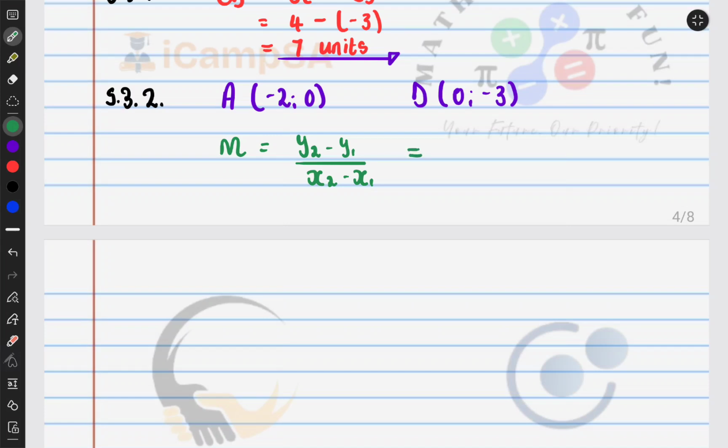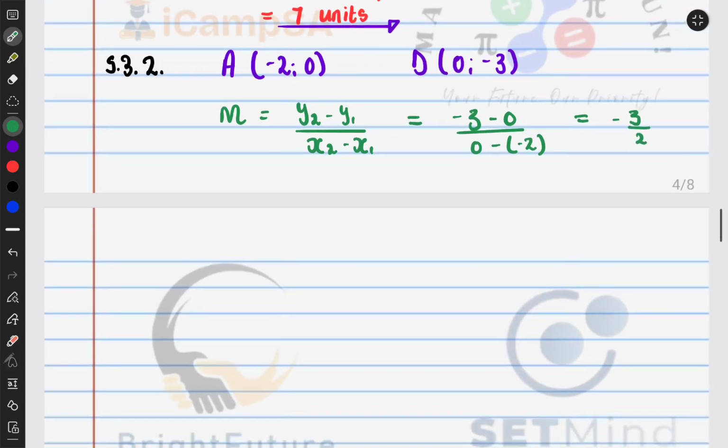You can see from that line that I've sketched there. Okay, so let's take D for y2. So we're gonna have negative 3 minus 0 over x2, which is 0 minus negative 2. Therefore the gradient is negative 3 over 2.